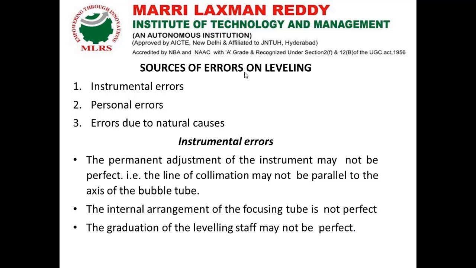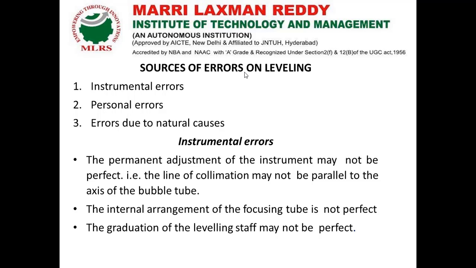If these get damaged, then whatever reading we take will be an error reading. It happens after a long duration, so periodic maintenance of the instrument has to be ensured.